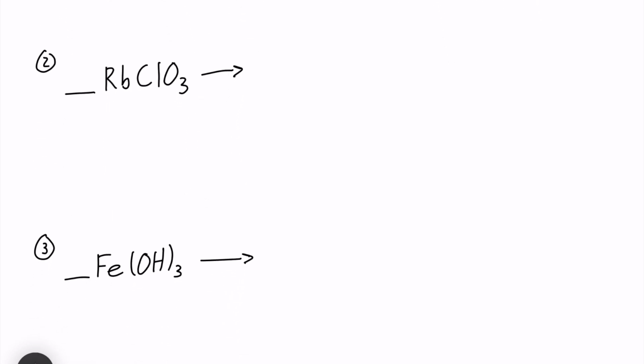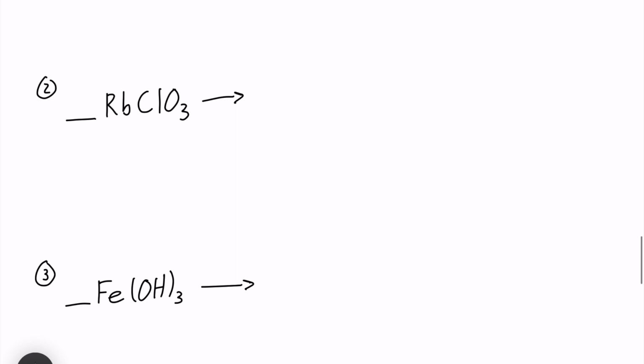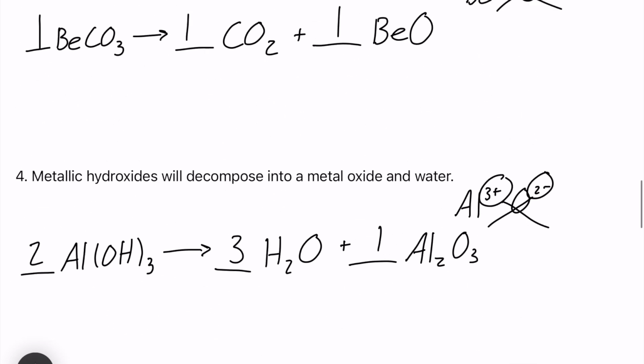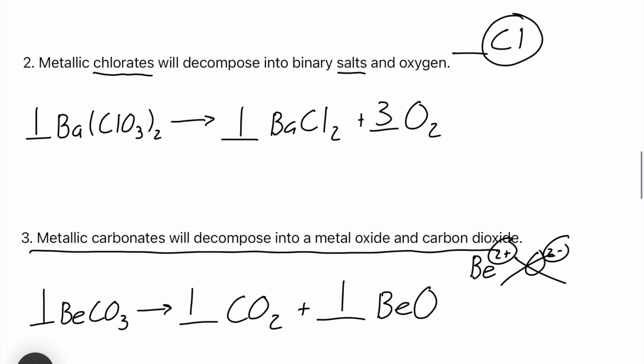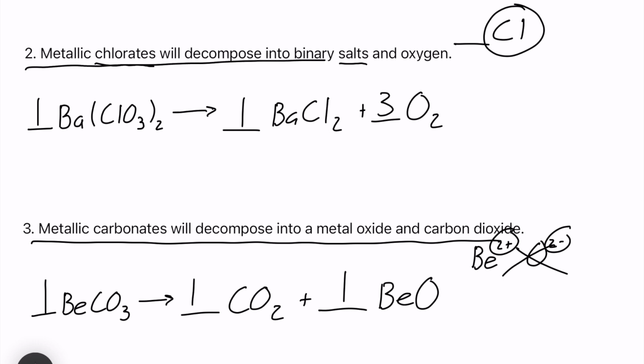Number 2, we have RbClO3 or rubidium chlorate. Okay. Now let's look if we have a rule for metallic chlorates. We do. Number 2, it says that it's going to decompose into a binary salt and oxygen.